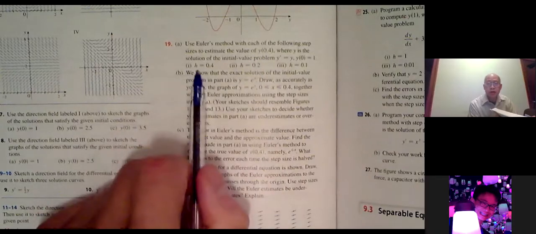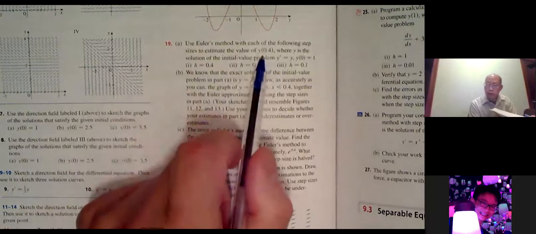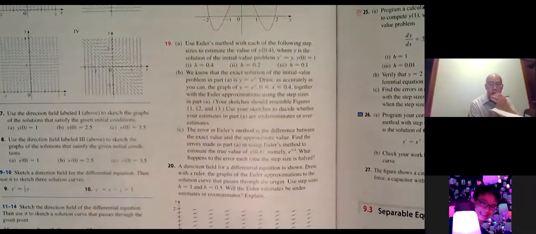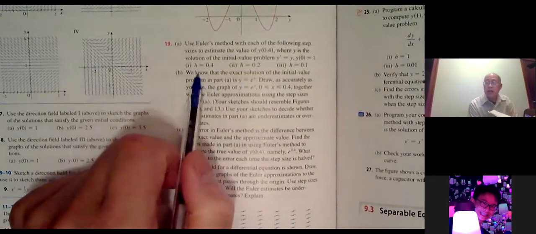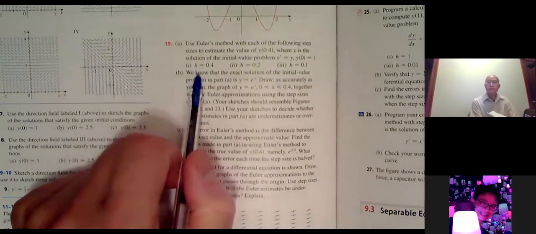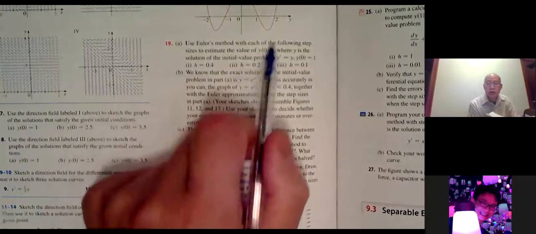The first approximation, delta x, h, is 0.4. So you're only going to have one computation because you're starting at 0, you're going to 0.4, and your step size is 0.4. Very fast to do, but it's clearly not going to be that accurate. This one, delta x, h, is 0.2.